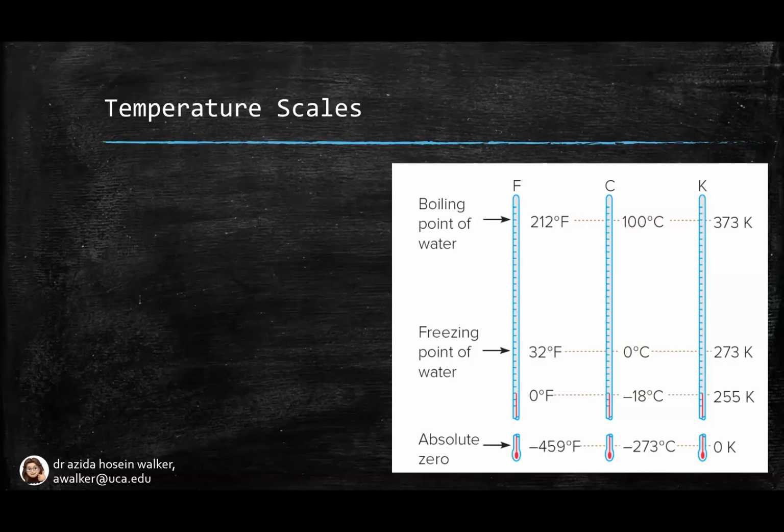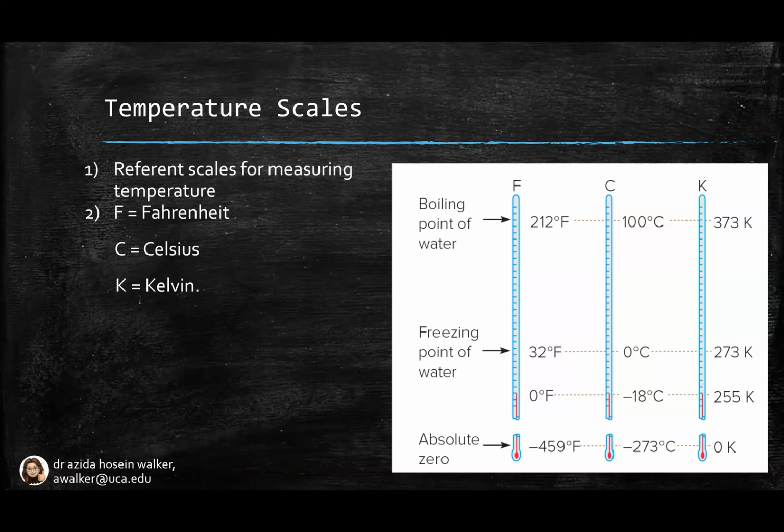And there are 3 temperature scales that are used. We have the Fahrenheit scale, the Celsius scale, and the Kelvin scale. And these are reference scales that are used for measuring temperature.